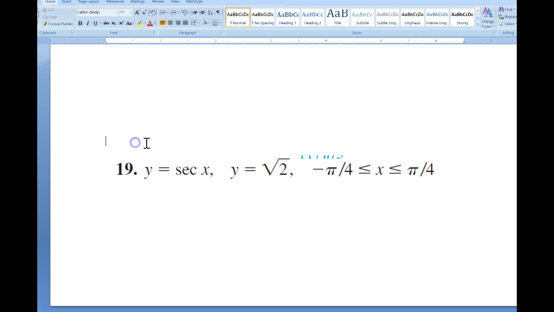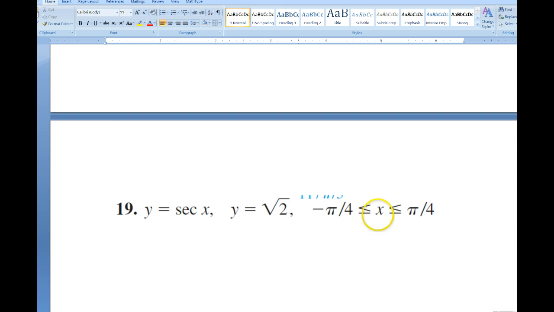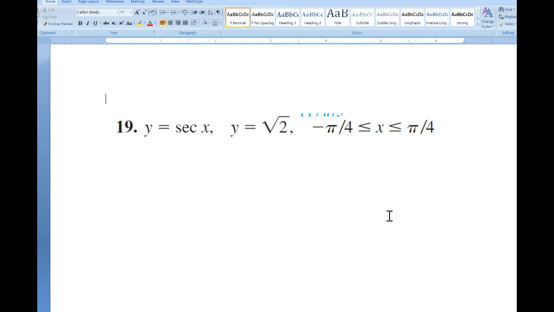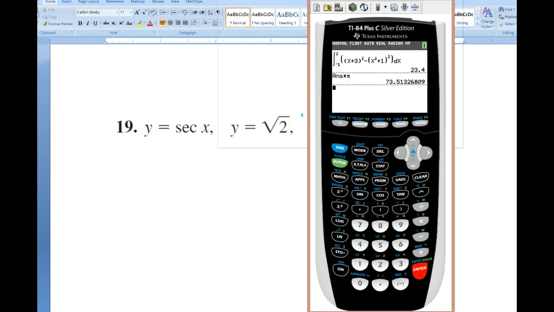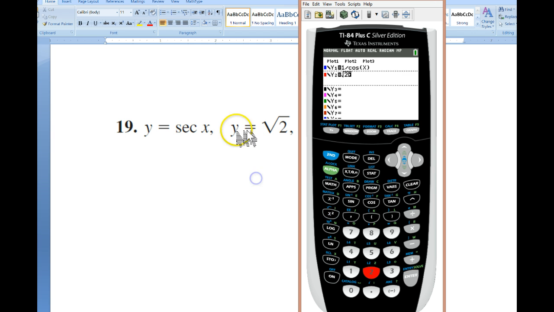The next one: we have secant x, and then we have y equals the square root of 2. So maybe it helps for us to just graph this real quickly. I'll put in 1 divided by cosine of x, and then the square root of 2.